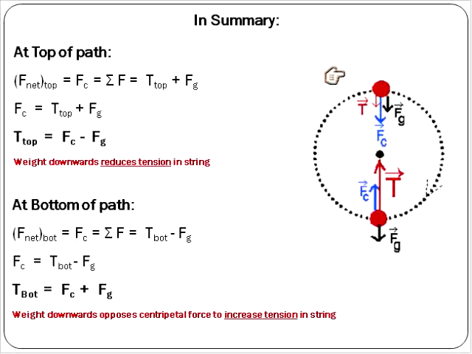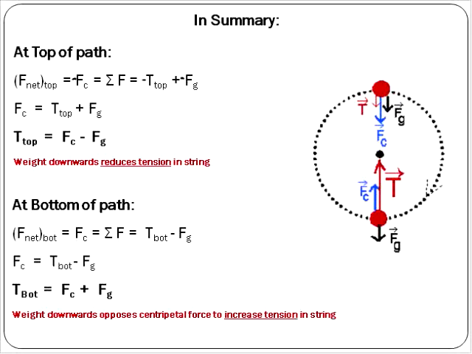Because all of those forces are down, I'm going to say that every one of these is a negative: a negative Fc, a negative tension, and a negative Fg. But because they're all negative, I can just drop the negative signs. I can divide everything by -1 and it's all good. The negative signs are all gone. So I'm left with Fc equals tension at the top plus Fg.